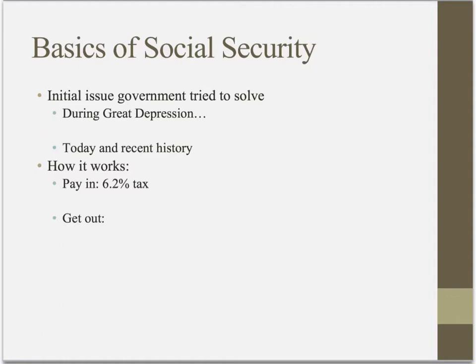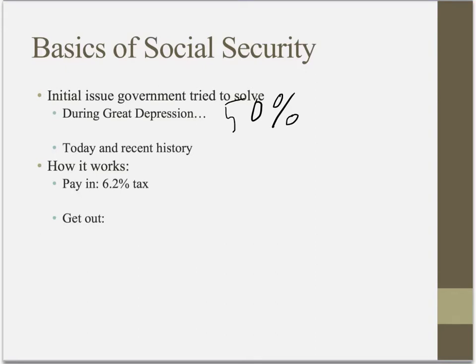At the height of the Great Depression, the rest of the population had 20% unemployment, whereas the elderly had 50% unemployment. So, 50%.